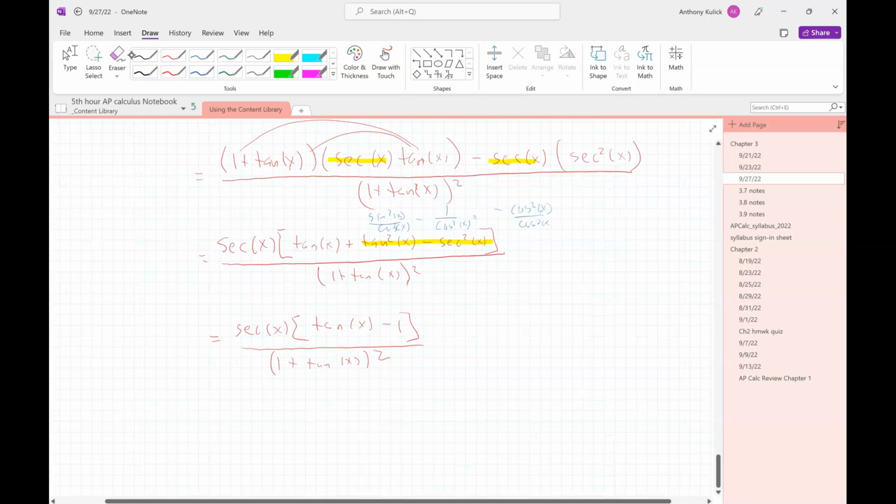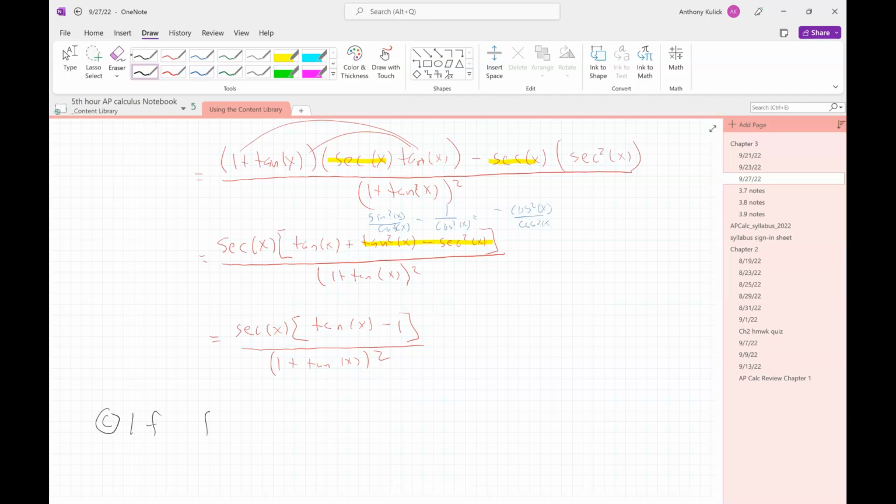All right. You guys ready for the last example here? Bring it on. All right. So let's say f of x is equal to cosine x. Find the 27th derivative.